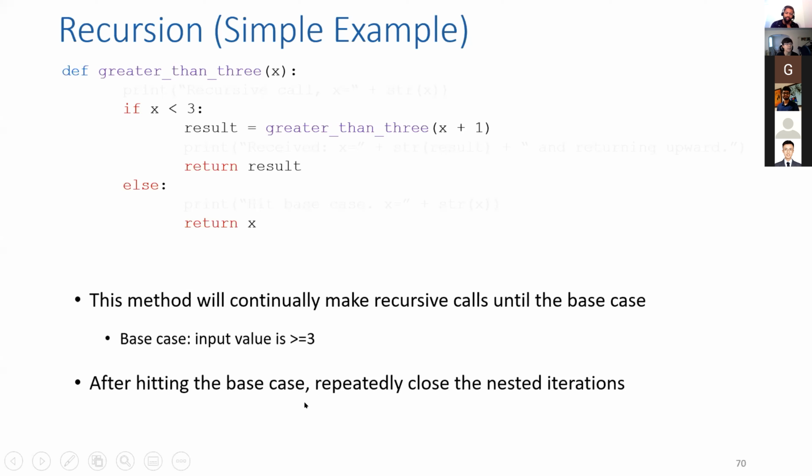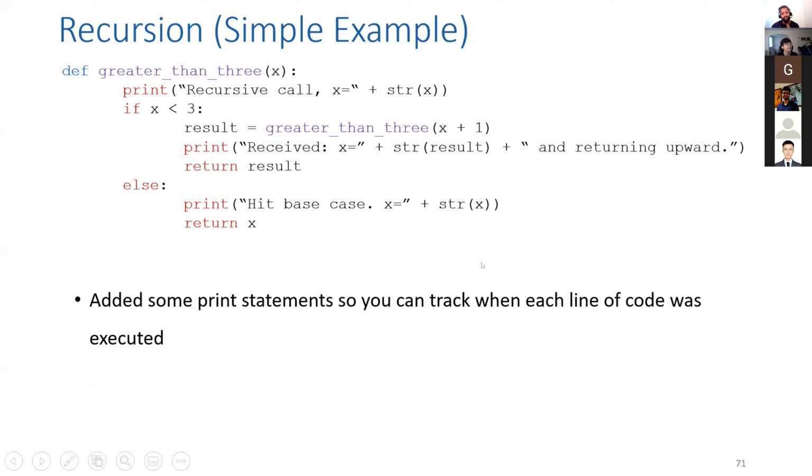After hitting the base case, it'll close the nested recursions all the way back up until it reaches the top level and then closes the function overall. I've added some print statements here to make it clear what's happening when, so you have an intuition for what this recursive function is actually doing. There are three prints essentially. It'll make sense in a second.